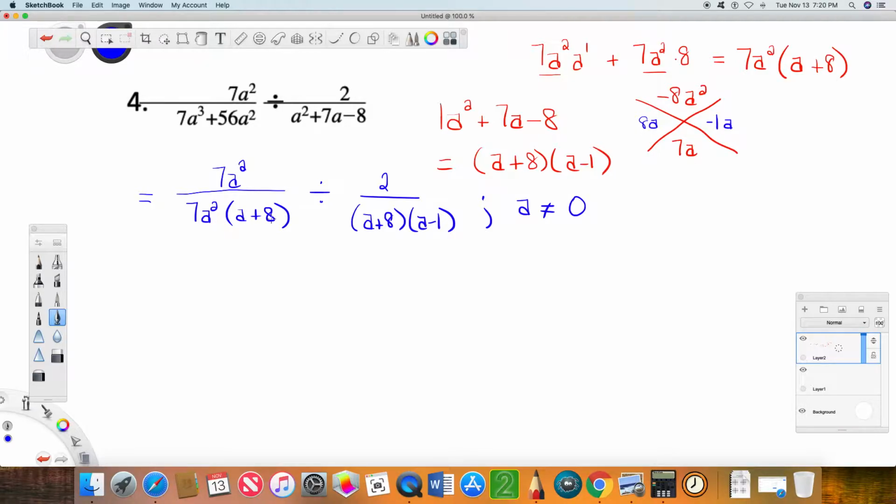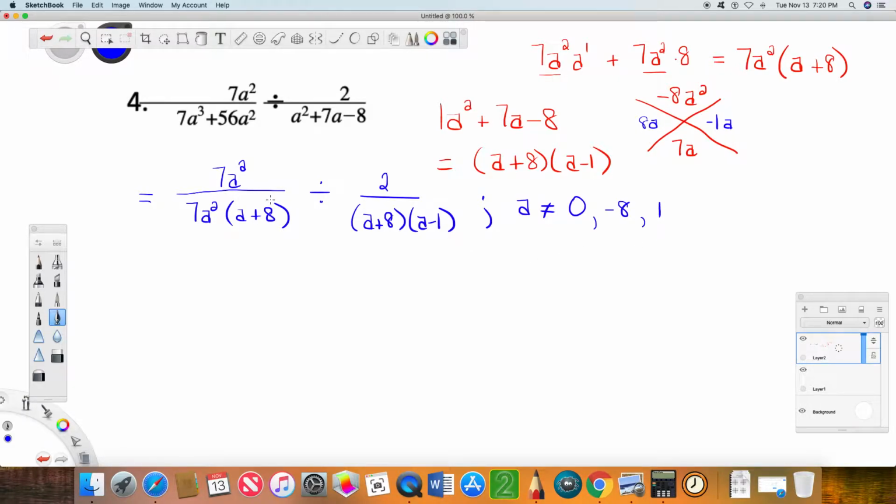Negative 8 plus 8 would give me a 0 as well, so I have to restrict and say that a cannot equal negative 8. When I look at the denominator in my second fraction, I've already listed negative 8 as a restriction, so I don't have to list it again. When I look at a minus 1, I know that 1 minus 1 gives me a 0, and I have to add 1 to my restrictions.